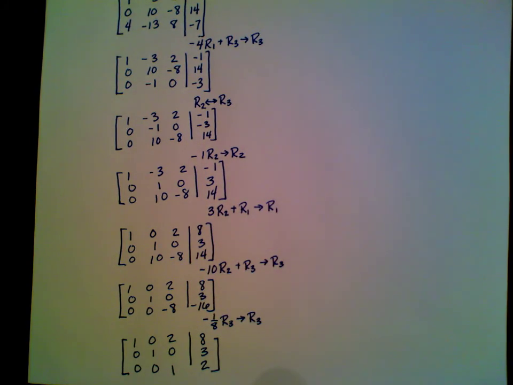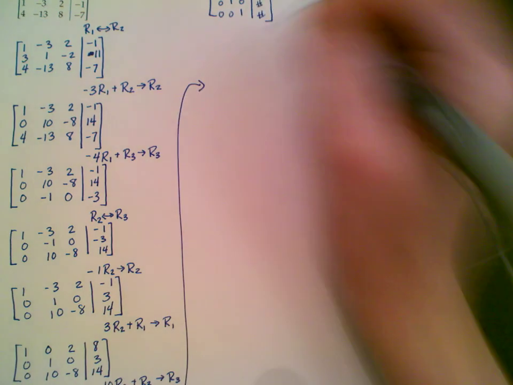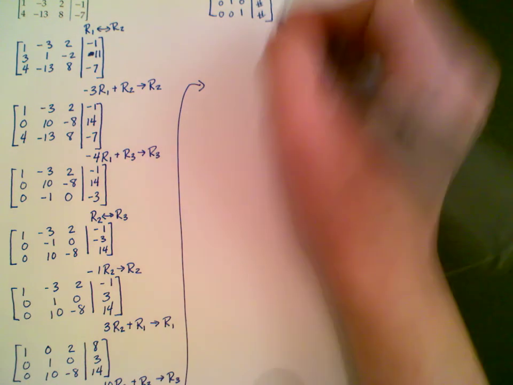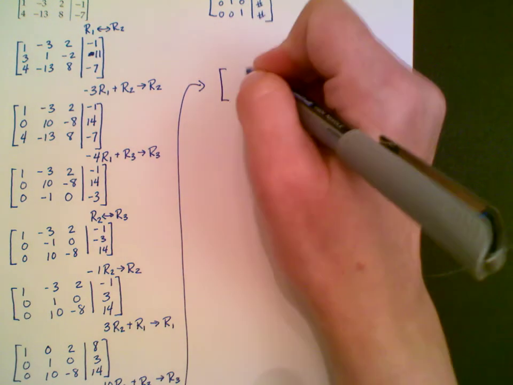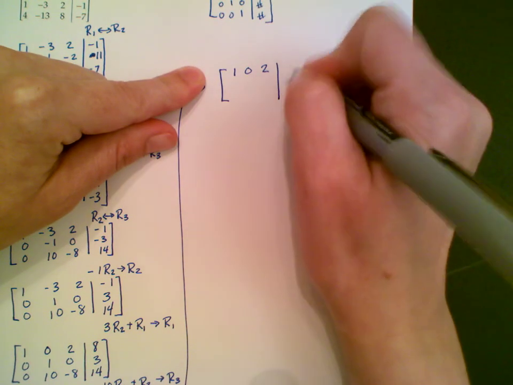All right, I'm almost done. Sort of out of paper here, so I'm going to shift around. I'm going to recopy this just because it can be difficult to follow work from the bottom of the page to the top.